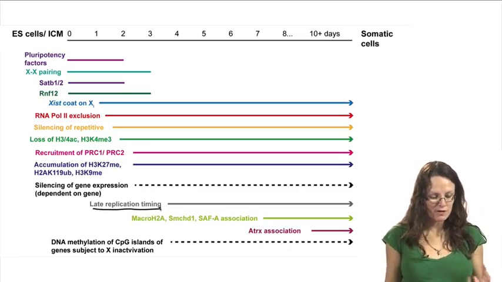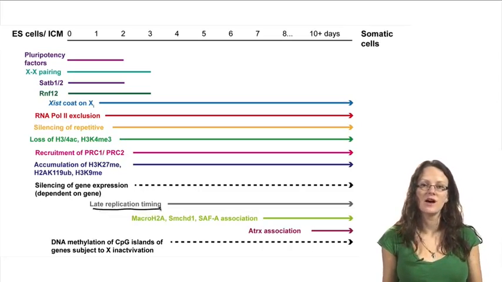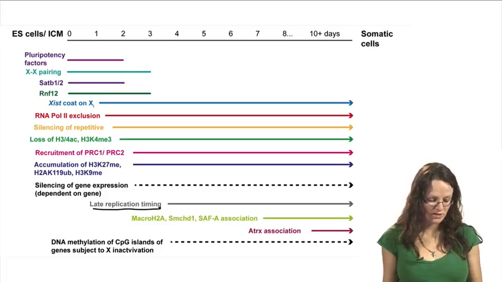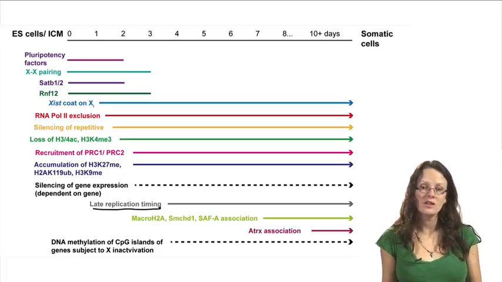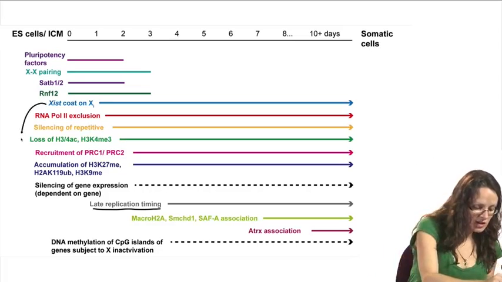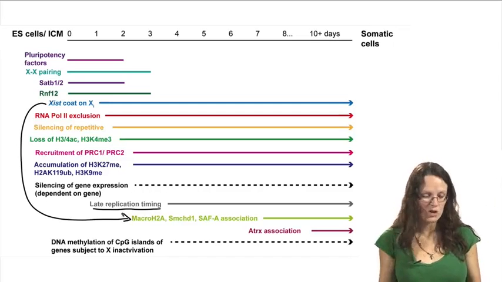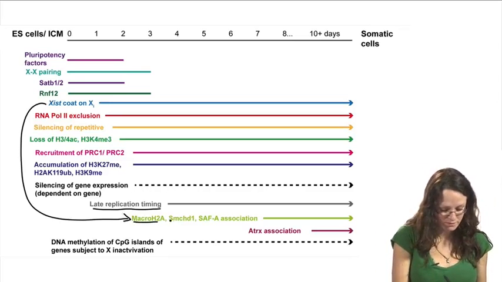So after the late replication timing happens, we know that we also have the association of other chromatin proteins or histone variants on the inactive X chromosome. So in fact, although you wouldn't necessarily expect it, some of these are also Xist dependent. So we know macroH2A, this histone variant associated with the inactive X, its association is dependent on Xist, as is SmcHD1.